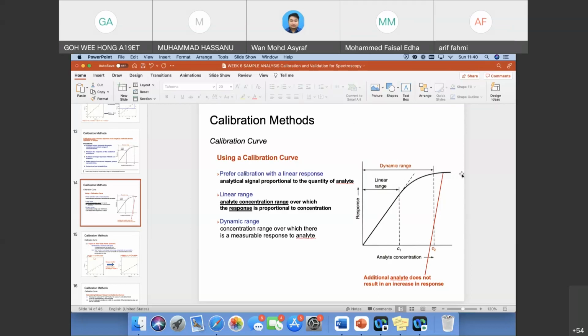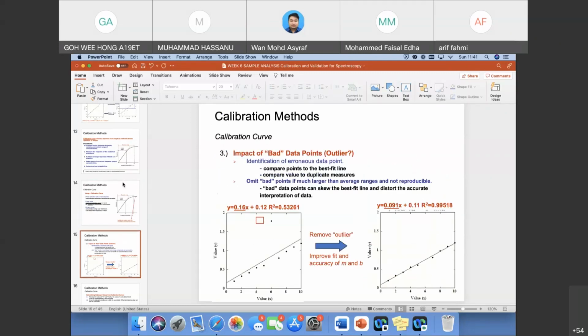So in terms of quantification, we use the linear range, but there is also a dynamic range, which you don't use for quantification. The dynamic range is a concentration range over which there is a measurable response to the analyte. It's still measurable, but it is not directly proportional anymore.